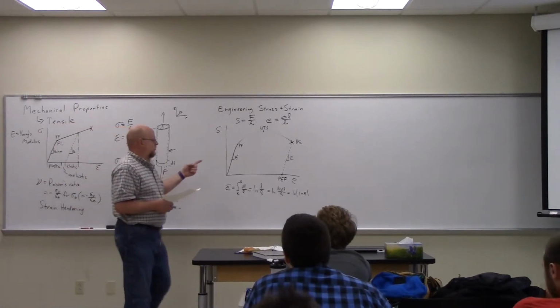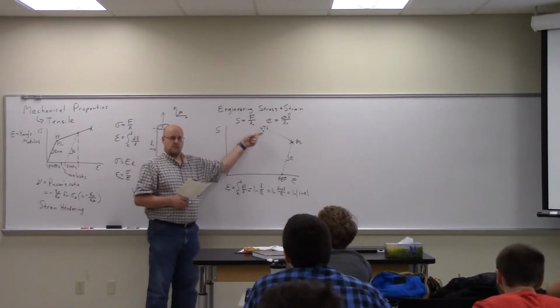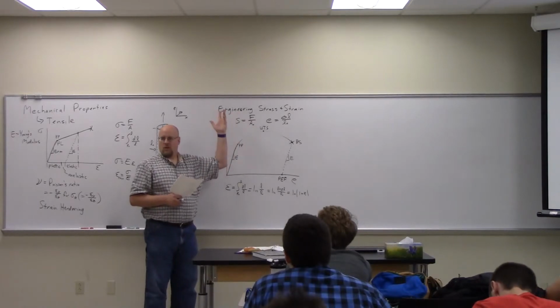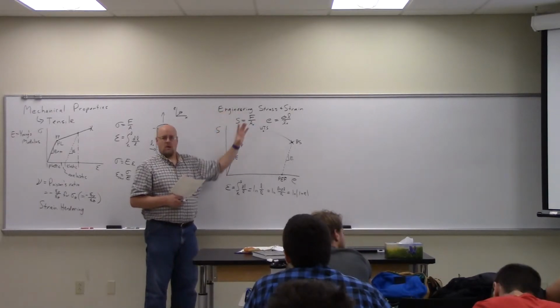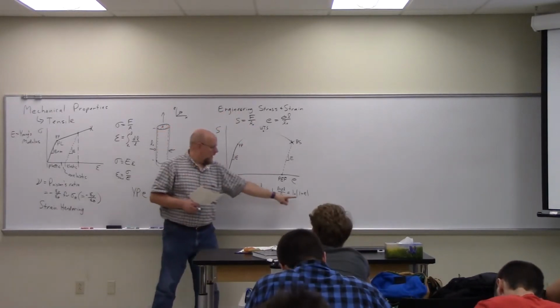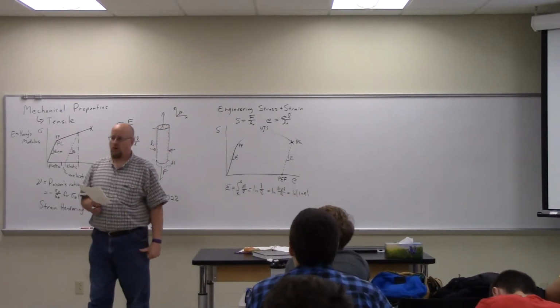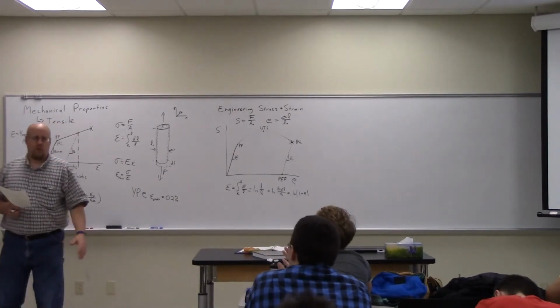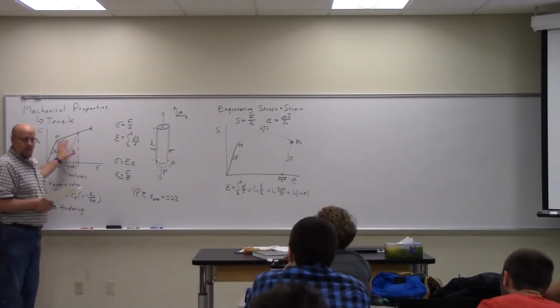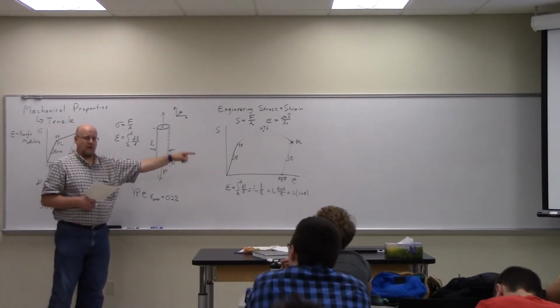We can measure the engineering strain, just measure the elongation at any point in time, measure the initial length, and then through a natural log, get at the actual true strain. So we can use this curve using that information.